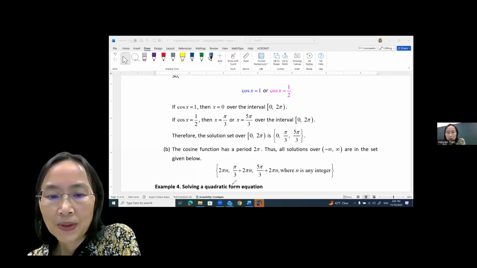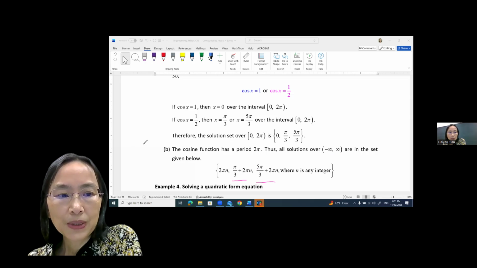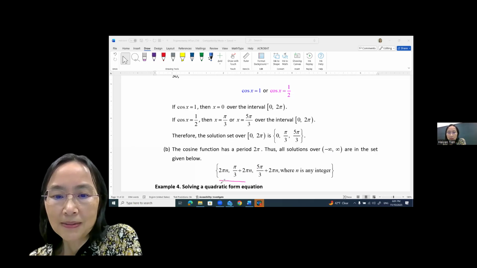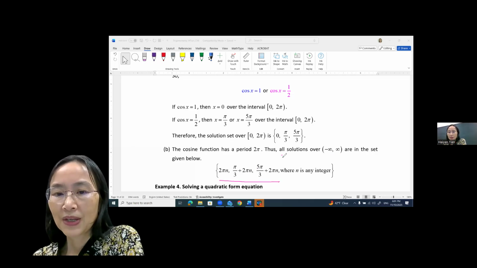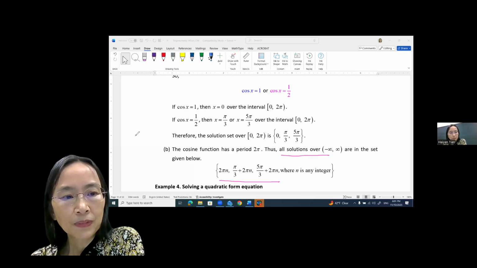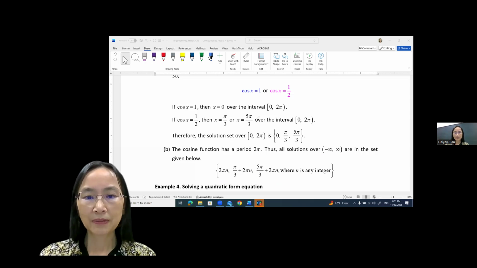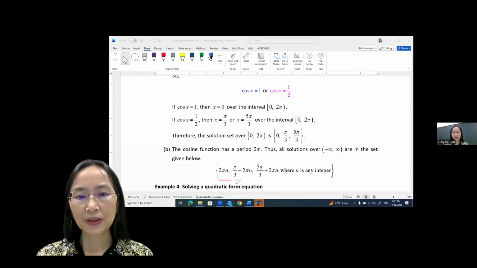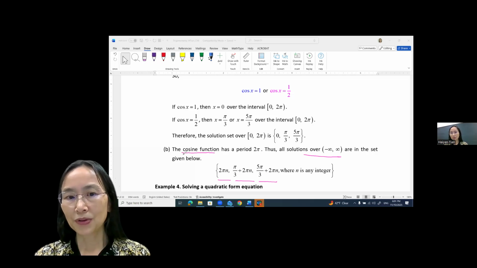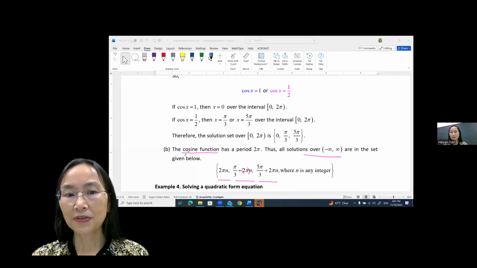So that's the set of all solutions. When we give the solution set for part B, we made use of the period of the cosine function, because 2 pi is the period of the cosine function.